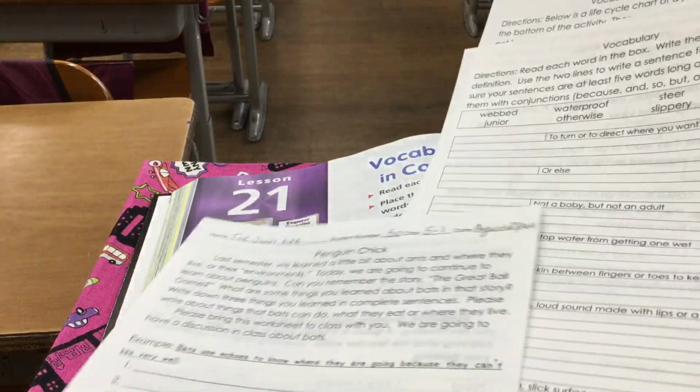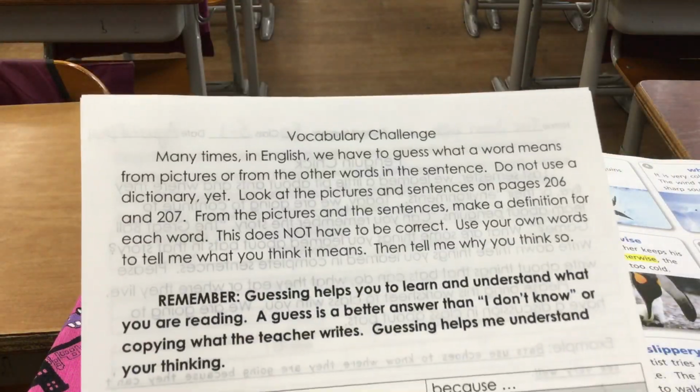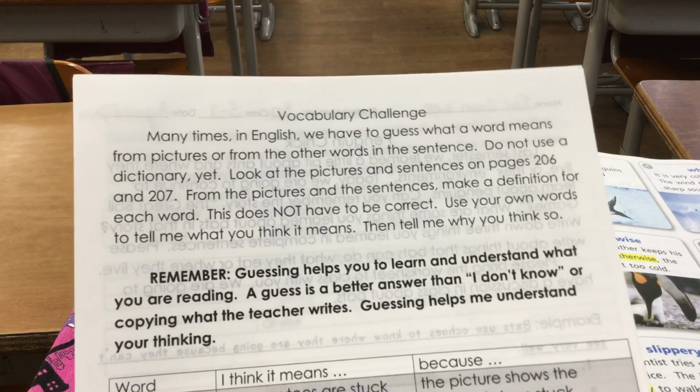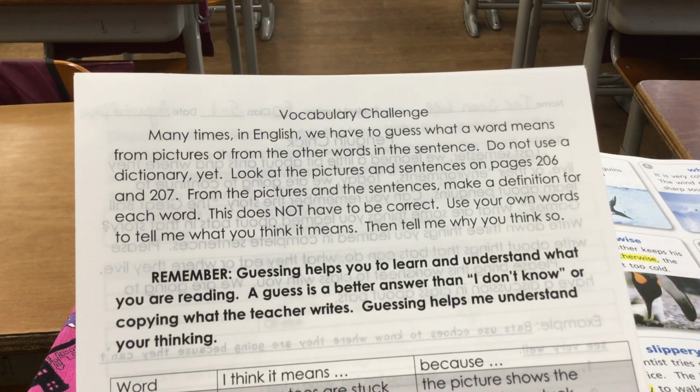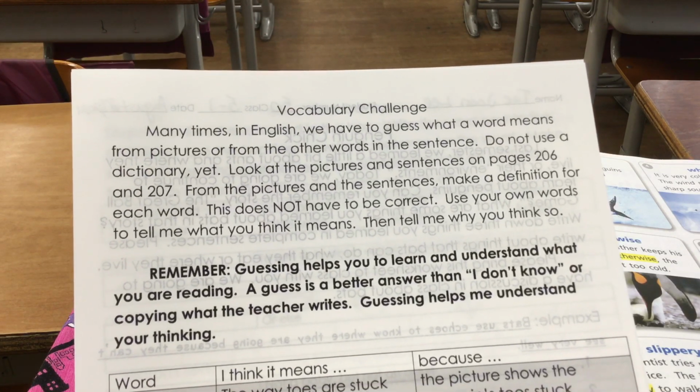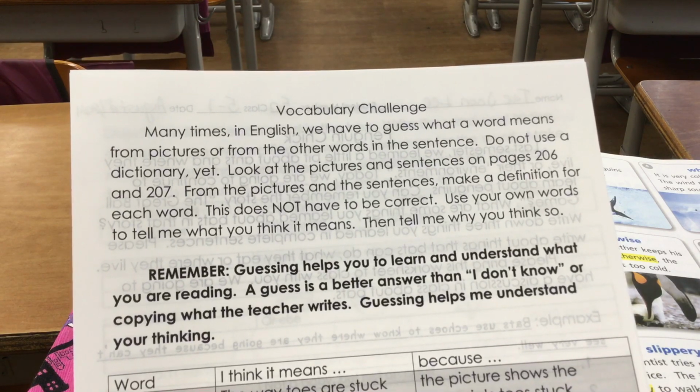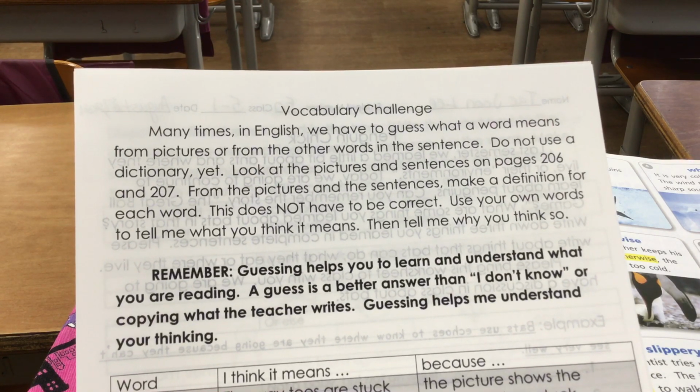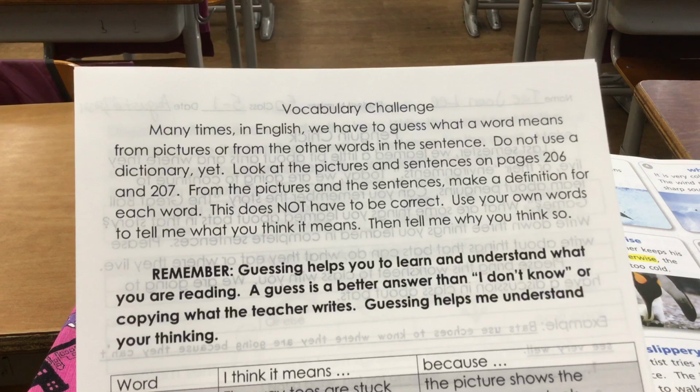On the next page, this starts the vocabulary challenge. So many times in English, we have to guess what a word means from pictures or from the other words in the sentence. Do not use a dictionary yet.